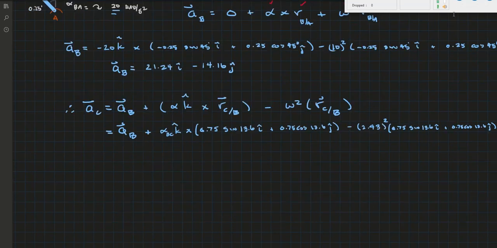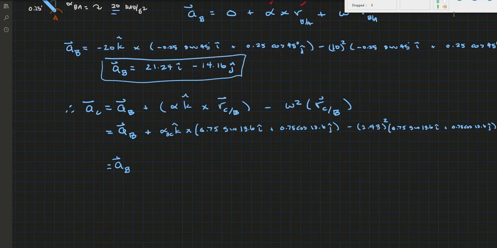And there we go. I'm just writing the acceleration of B here because we know it's going to be this, and there just isn't enough room for everything. Plus, let's do this cross product here. It's going to be alpha BC times 0.17, and that will be K crossed I, which is J.